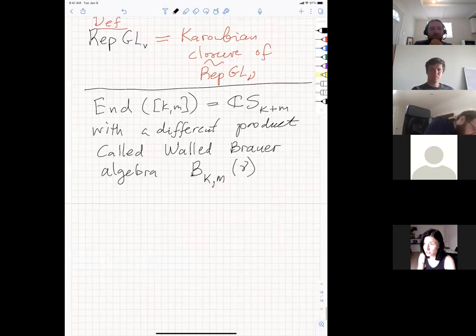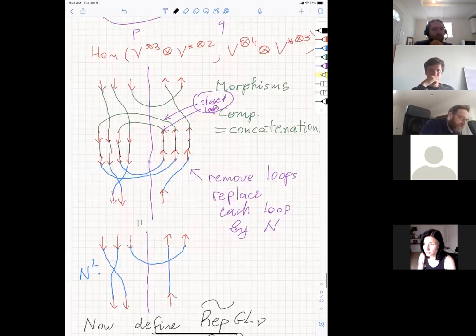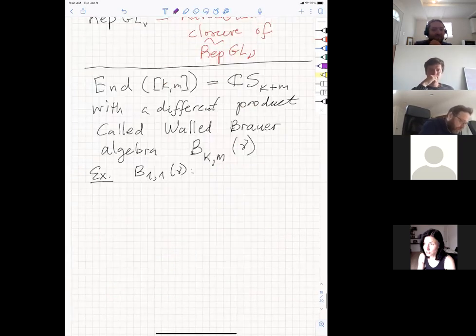So let me give an example of what this algebra looks like. So for example, what is B11 of nu? Why is it called walled? Because we had this purple wall here everywhere. So in the case of B11, we have a down arrow and an up arrow, and so we have two elements.